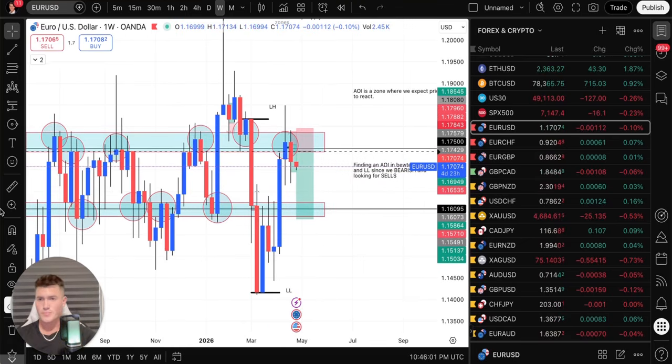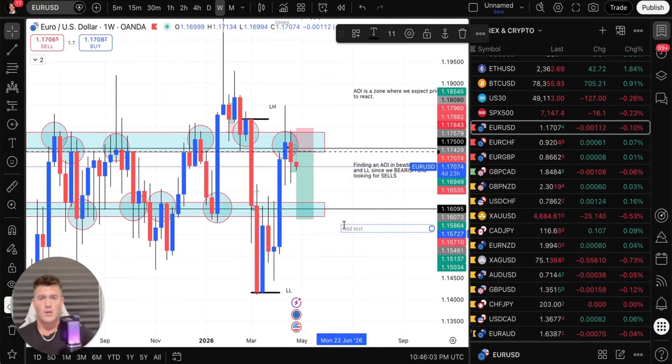So when price is above the area of interest, the area of interest is acting as support.